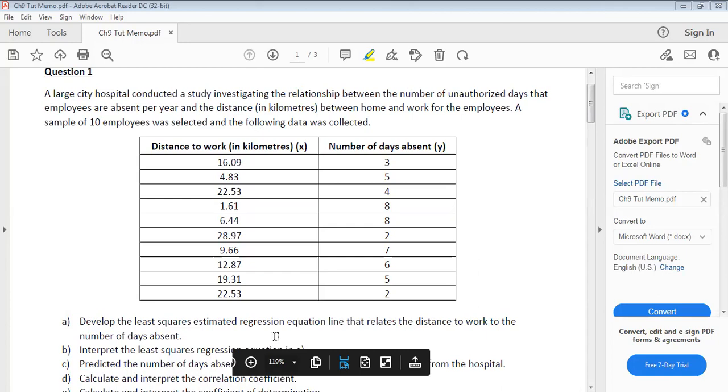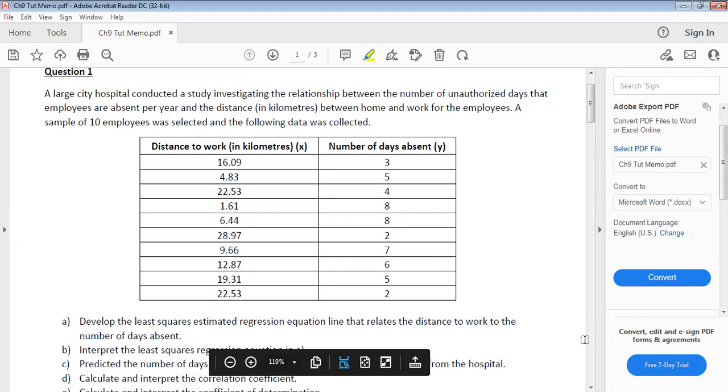Okay, so here they're asking you to develop the estimated regression equation line that relates distance to work to the number of days absent.